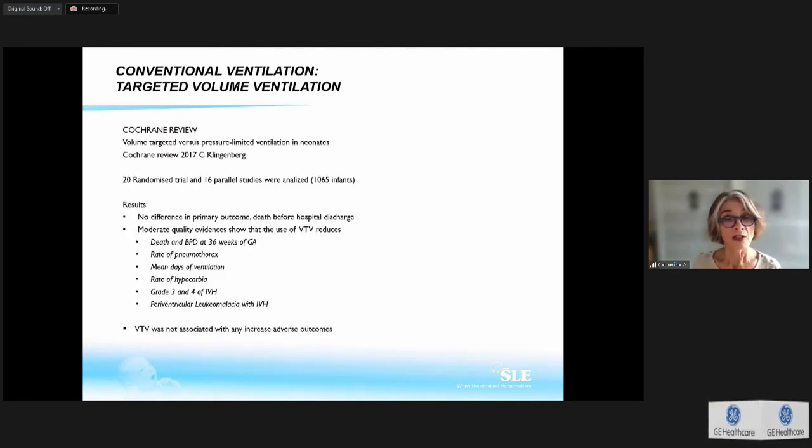So the Cochrane review here has shown that VTV was certainly one of the modes showing a benefit compared to the other modes. For the other modes, we don't see really any difference when we look at the studies.